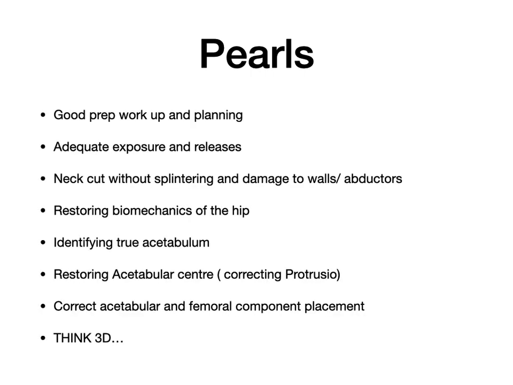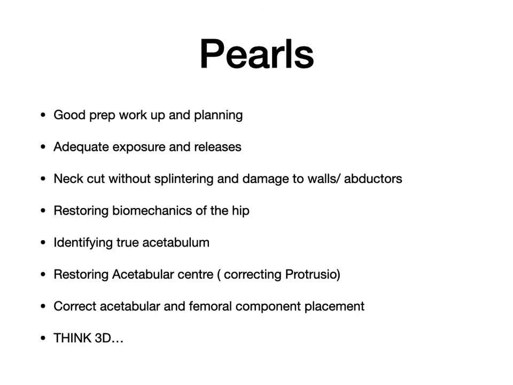So what is the take home message? A good pre-op workup and planning is essential. You should have an adequate exposure and releases before you start with your bone work. A neck cut without splintering and damage to the walls and abductors is very important. You must aim to restore the biomechanics of the hip.